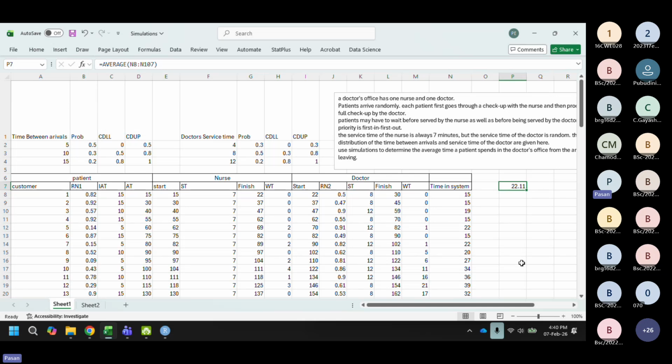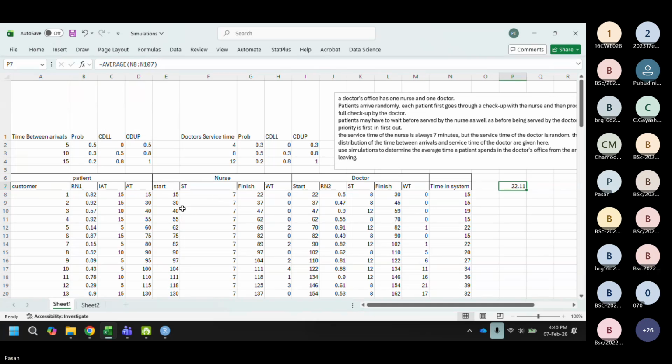So in that case, if you have two nurses, that might not be necessary, and one nurse is enough. And usually in practice, of course, the service time of the nurse will not be the same number, it's also random, right? So we can do some modifications to that as well. Those are the other changes we can apply here.